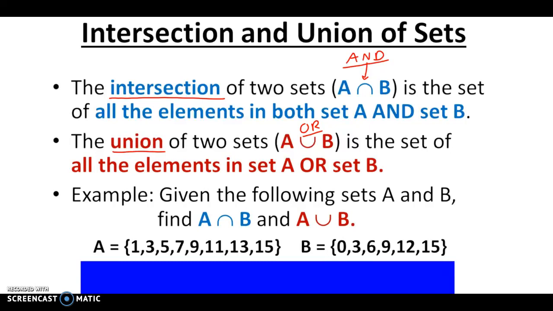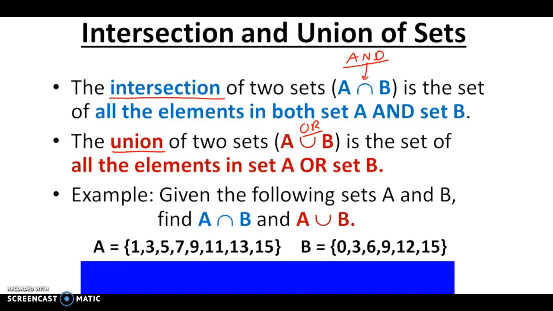So let's do our 2 examples that you have on your notes. I'm going to read this out loud. What are the numbers that are in set A? And what does this mean? And they're also in B. So what numbers are in A? 3, 9, 15. And they're also in B. Exactly right. It would be 3, 9, and 15.